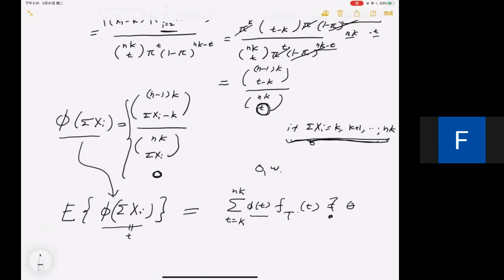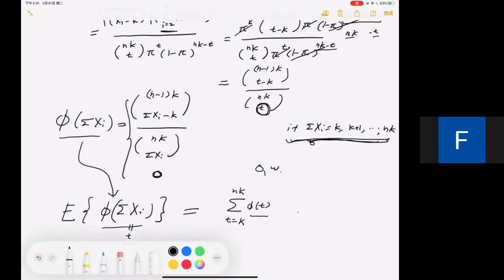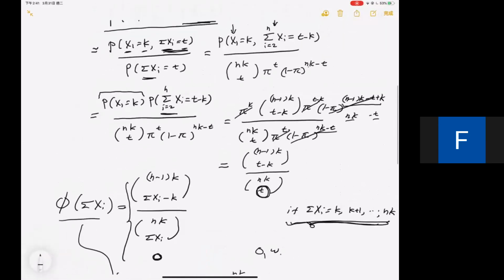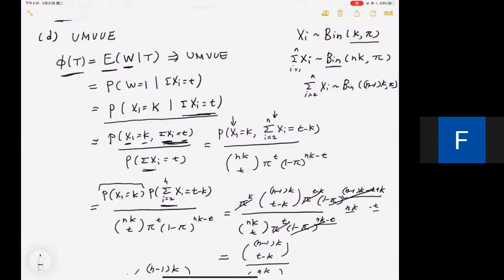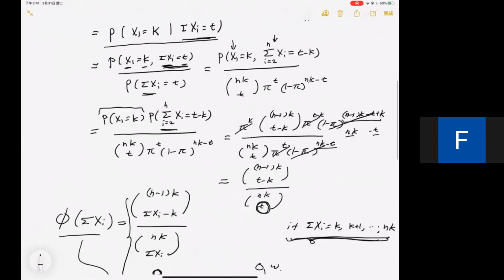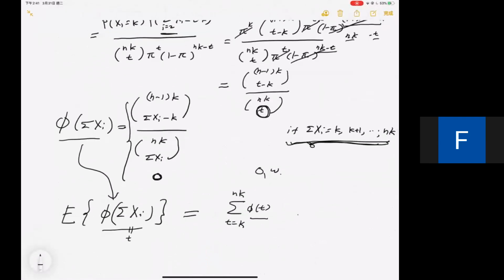And the PDF of t is what? I said already, summation xi is binomial nk, then pi. So that means the PDF of t is nk choosing t, then pi to the t, and then 1 minus pi to the nk minus t.